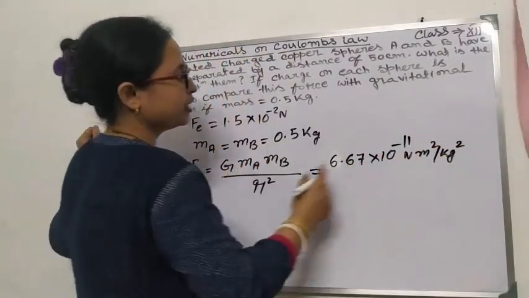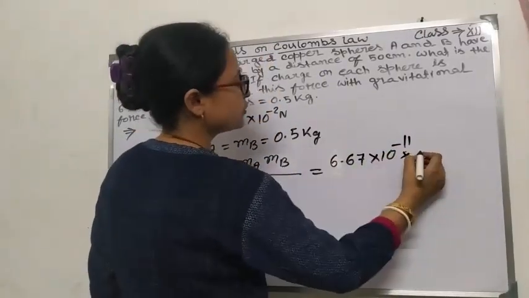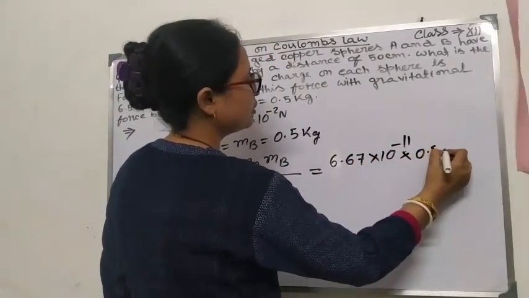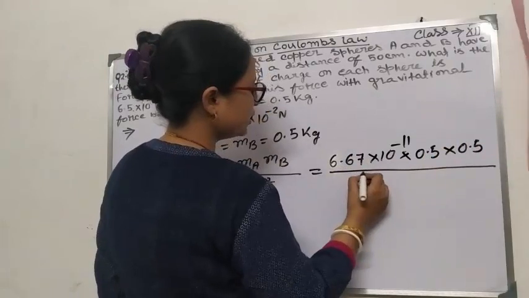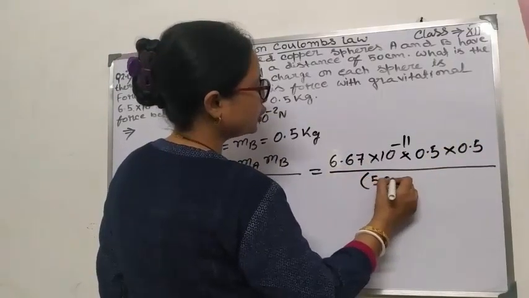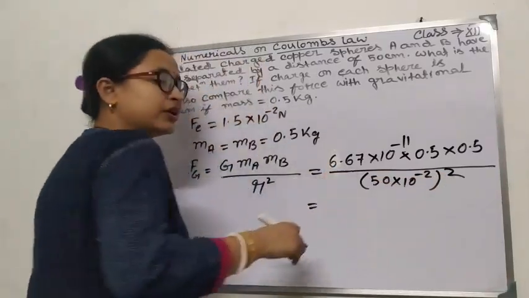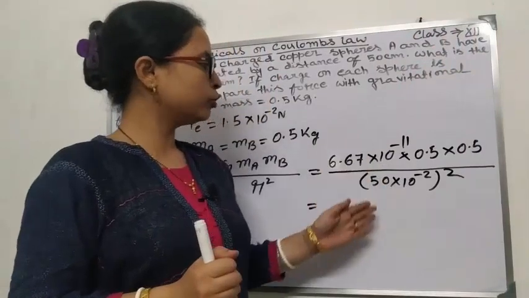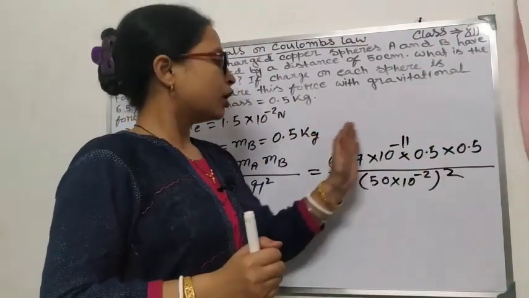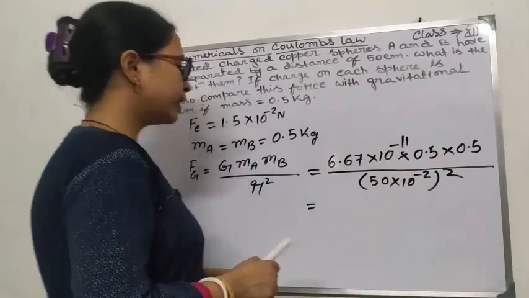Okay. Now multiply these two. What is the mass of the first sphere? It is 0.5. Here also 0.5, divided by R square, which means 50 into 10 to the power minus 2 whole square. Use a similar method of calculation as I told you in the first numerical, and after multiplication and division, you will get the value.